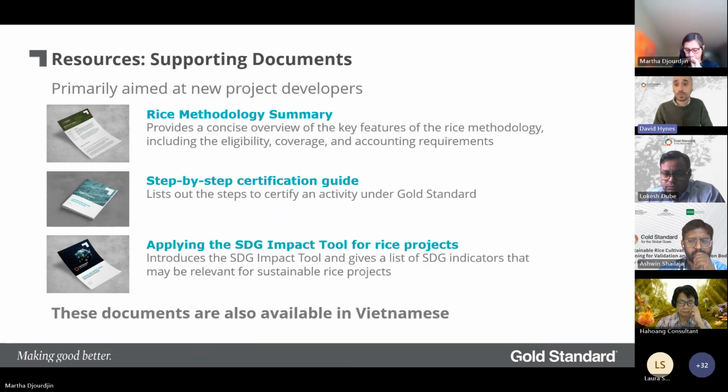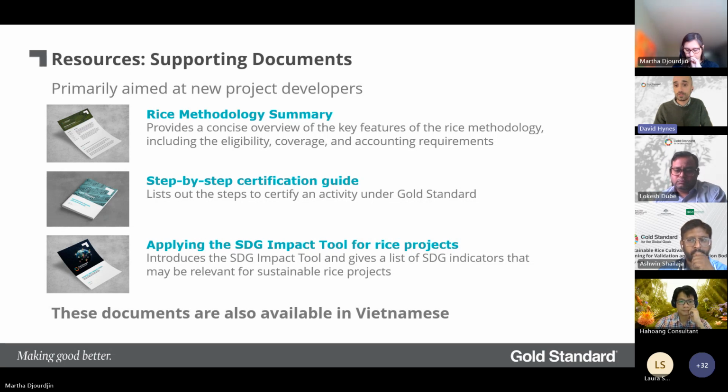Yeah, so the resources on the website essentially fall into two categories. So the first category of resources are introductory materials and guidance documents, and we've published 3. Those are the ones that are listed on the slide now. So the first is just a short summary of the methodology.